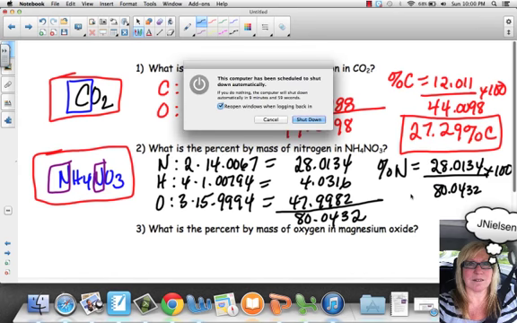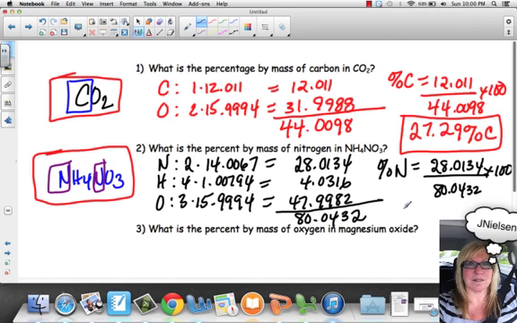And I get 34.997, which is approximately 35.0% N.